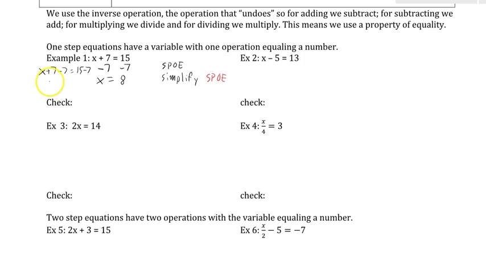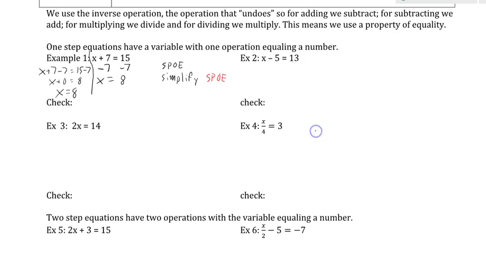So that positive 7 and negative 7 is 0, and anything plus 0 is itself. But generally, our notation is just going to look like subtracting 7 from both sides of the equal sign. Otherwise, you have to write a lot more.